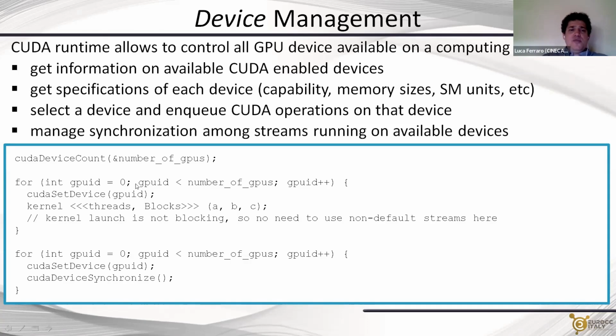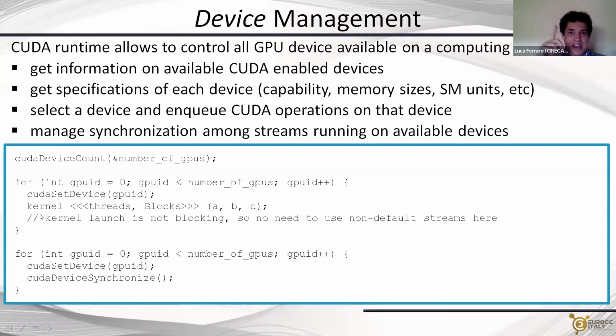Okay, so if I loop over the available GPUs, I can say, hey, CUDA set device on GPU ID. All the CUDA calls that follow this CUDA set device GPU ID will be enqueued on the device GPU ID number. So in this loop, I will select GPU 0 and launch a kernel on GPU 0.